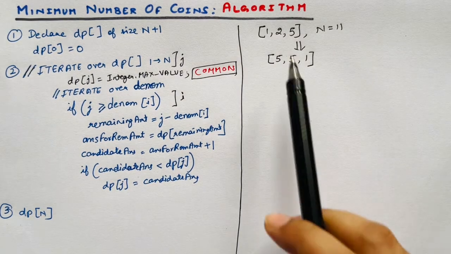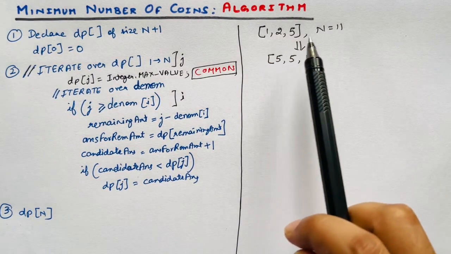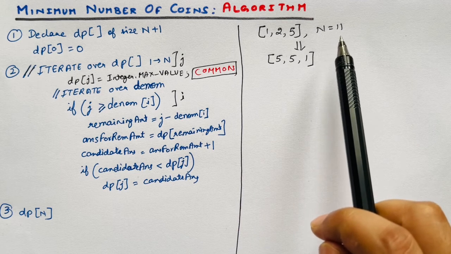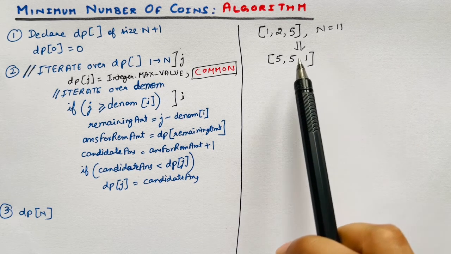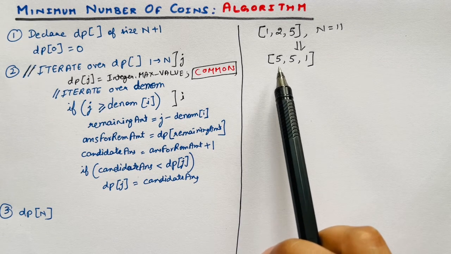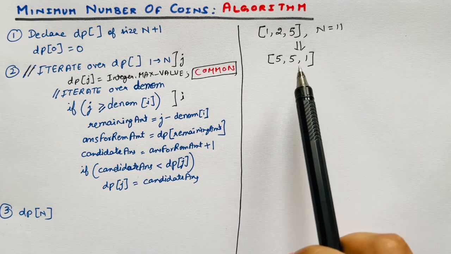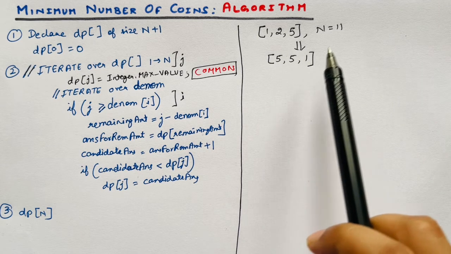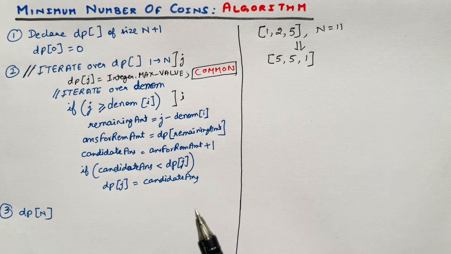So if we are talking about the denominations 1, 2 and 5 and target value 11, then we have to return this list containing 5, 5 and 1, because these three coins were used to form the value 11. Let us see how we can solve that.